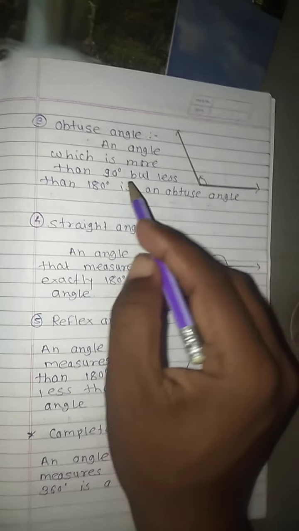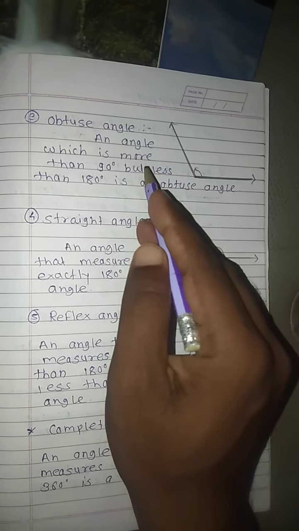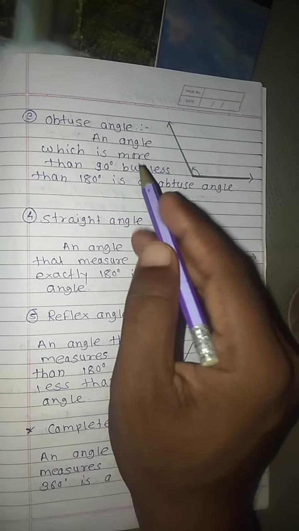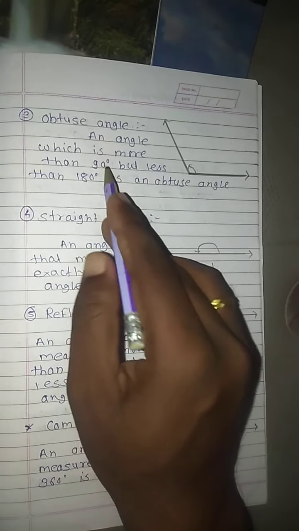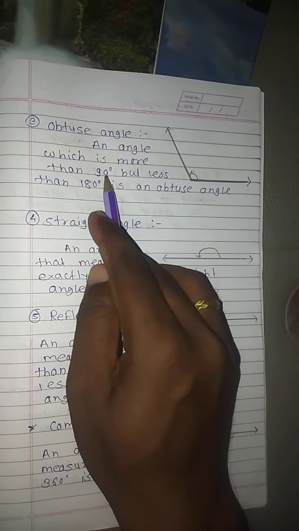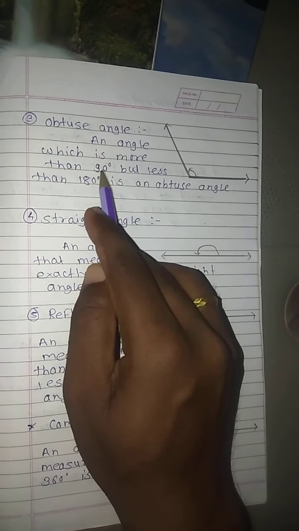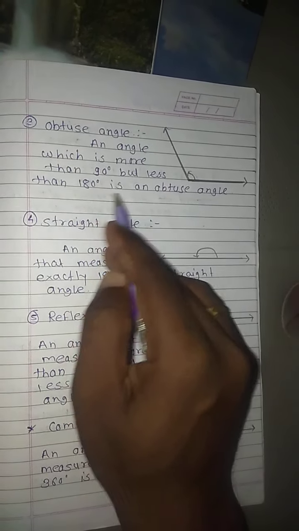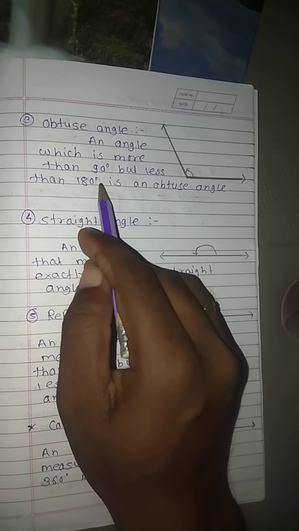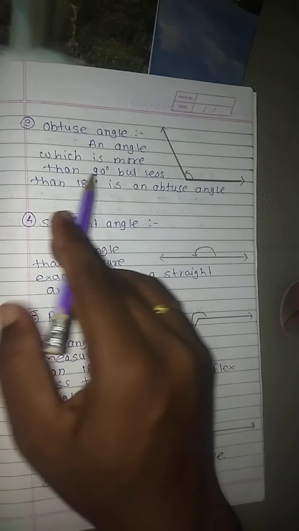I hope you understand, and keep in mind what is meant by an acute angle, a right angle, and an obtuse angle. Then we can say that the given angle is an obtuse angle.